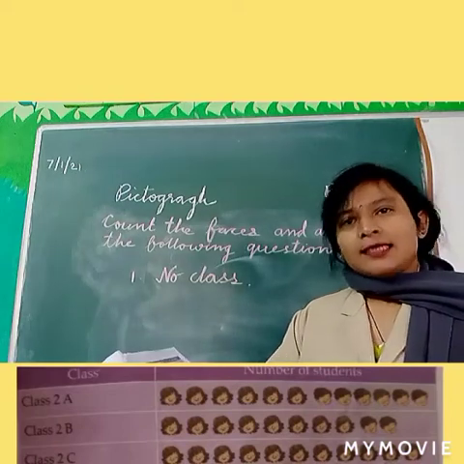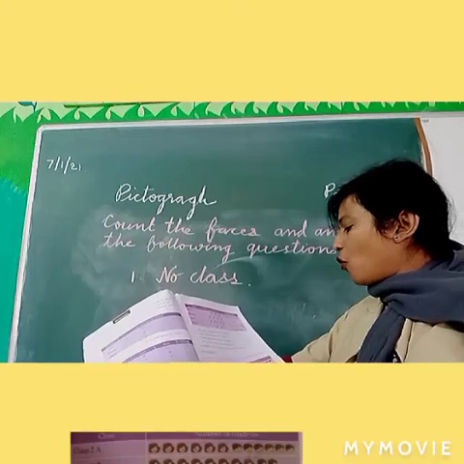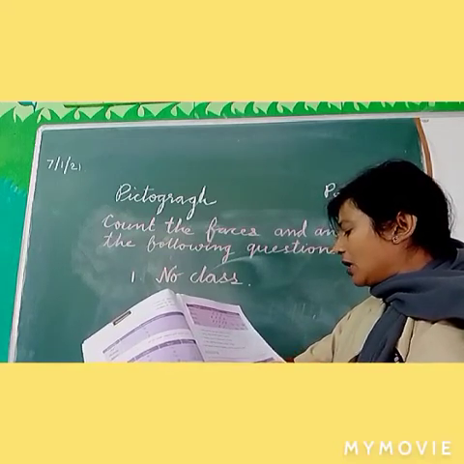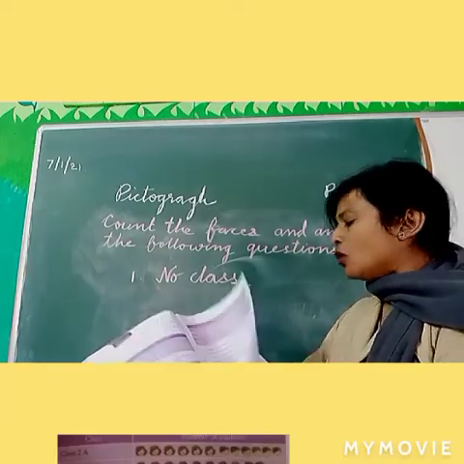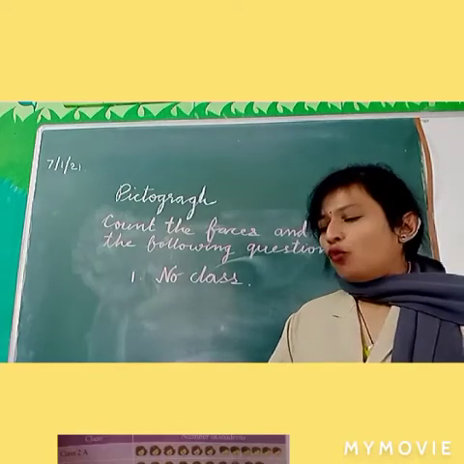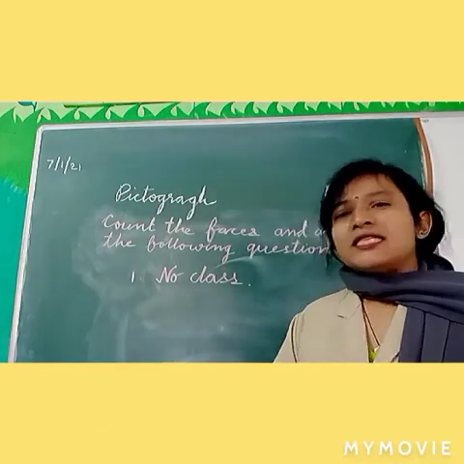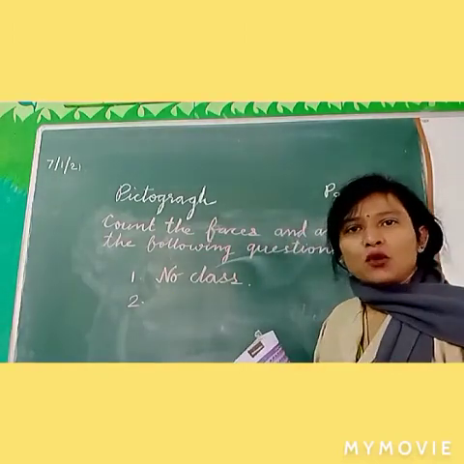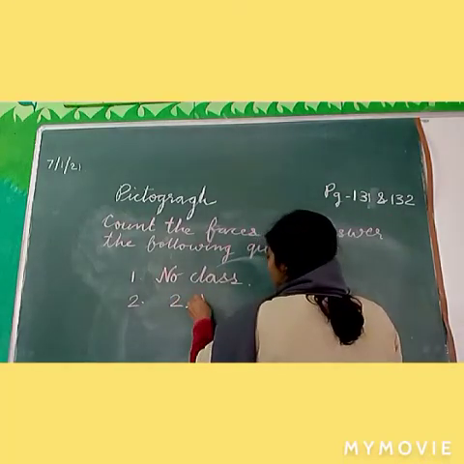Let us count together. 1, 2, 3, 4, 5, 6, 7, 8, 9, 10, 11, 12. From the picture given, you will find out that the maximum number of students are in second A. So, the answer of the second question is second A.